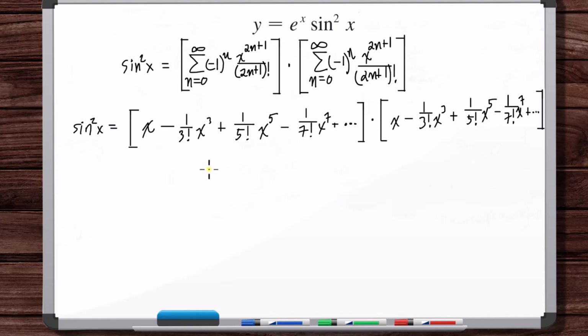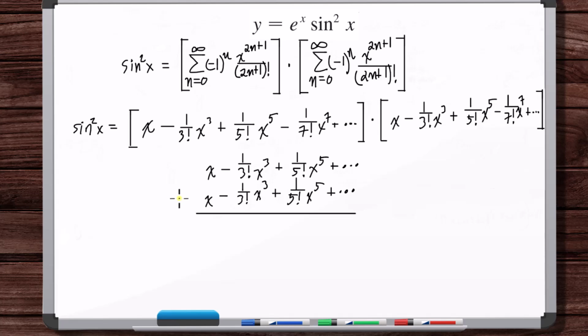Okay, so x minus, okay, and then, all right, so we're multiplying these two.